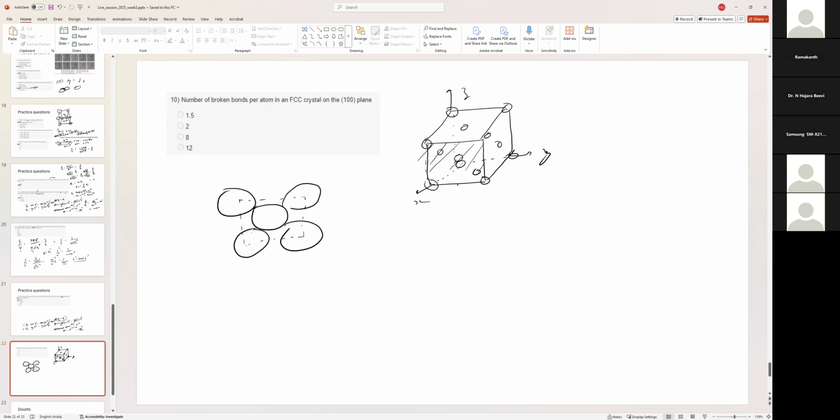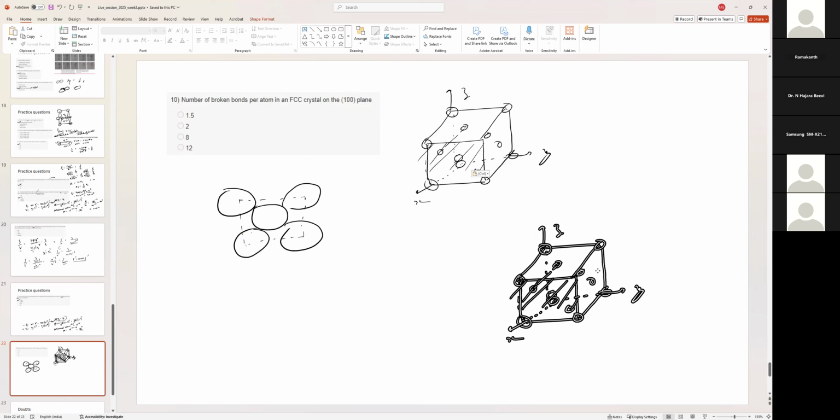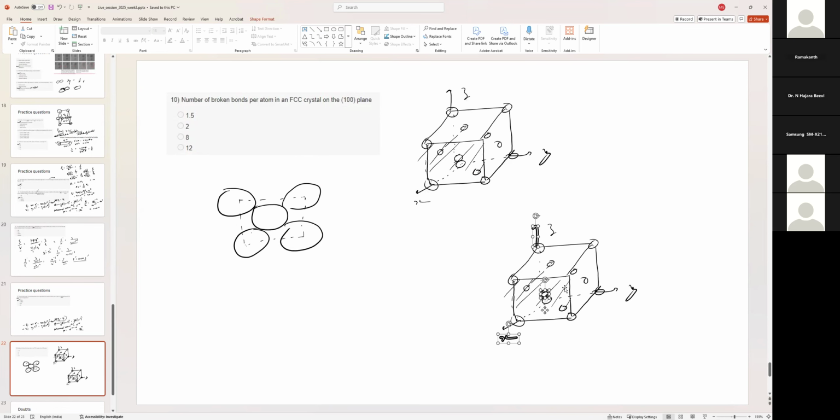So if you remove this 111 plane, what will happen? If you see the plane behind this 111 plane, you'll see these ones.